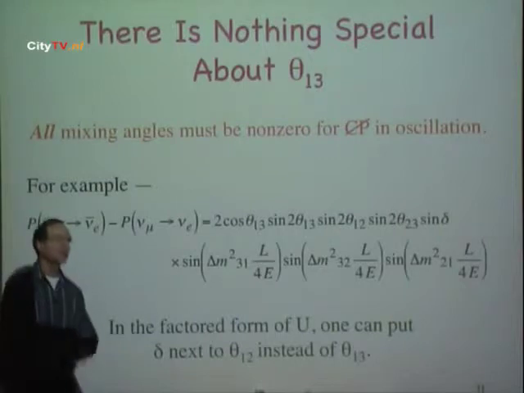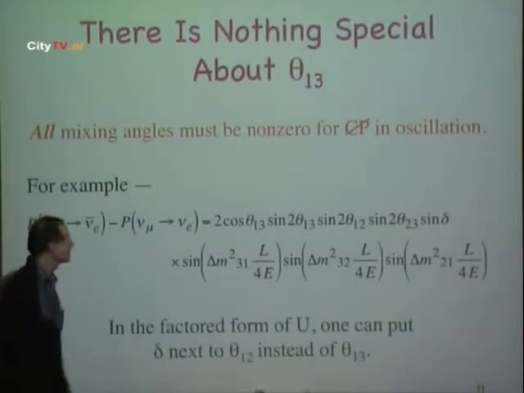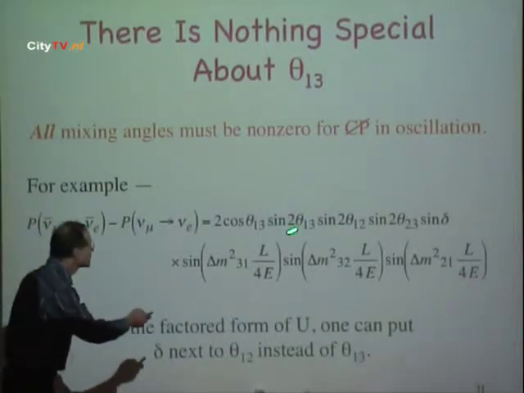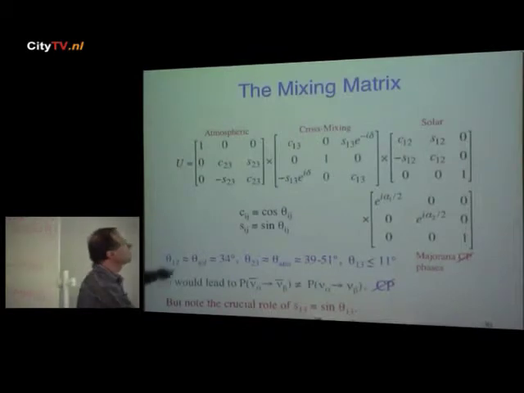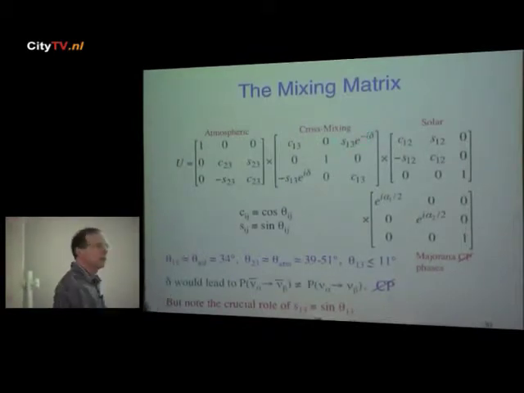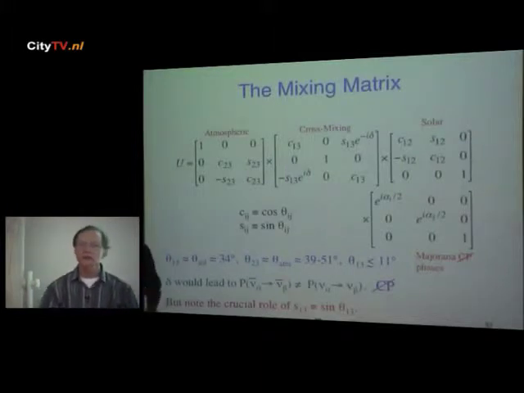So to emphasize that the size of any CP violation is vulnerable to this, the only unknown angle, we have chosen to put this phase factor next to theta 1,3. We could have put it next to theta 1,2 instead. The physics consequences would have been exactly the same.